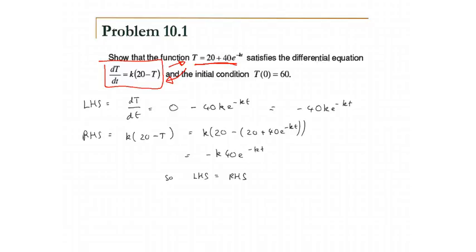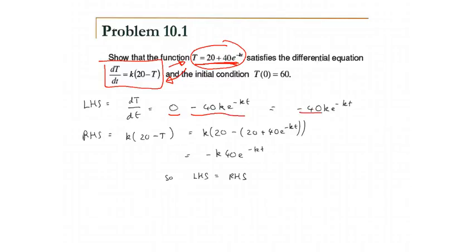So if I take this equation and differentiate it with respect to time, I differentiate the 20 and get 0. Differentiate the 40 exponential minus kt, and that makes my plus become a negative, so I end up with minus 40k exponential minus kt.